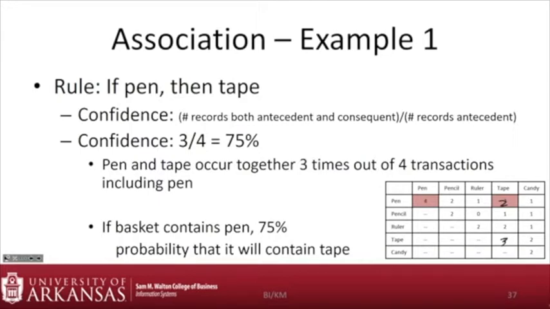So the confidence is the number of records with both the antecedent and the consequence, 2 here, over the total records in the antecedent, 4. Alright, so we got 50% here. So 2 times out of 4 times. So now if the basket contains pen, there's a 50% probability it's going to contain tape. We're all happy there so far.